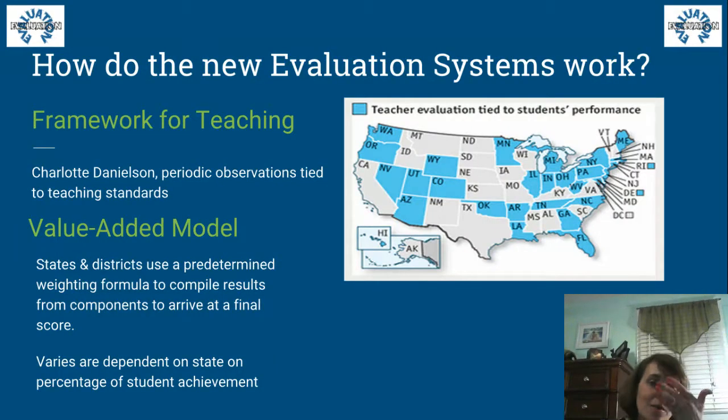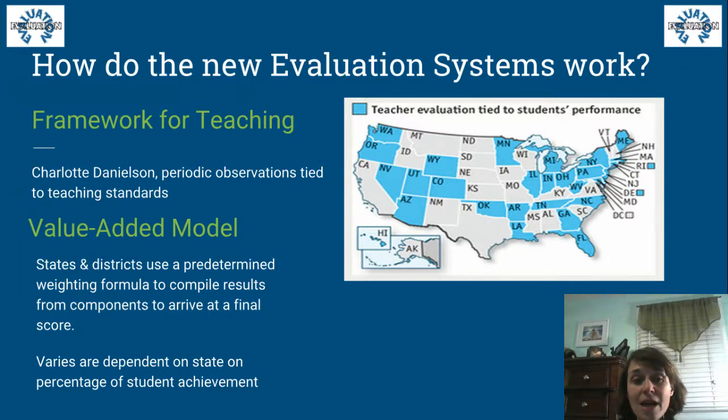So how do the new evaluation systems work? Well, traditionally, if you were looking at more of the traditional classroom observation model, you had a framework for teaching proposed by Charlotte Danielson, and that was periodic observations that were tied to teaching standards. That was kind of typically how teachers would be evaluated. Now, with tying in student data, you had a value-added model.